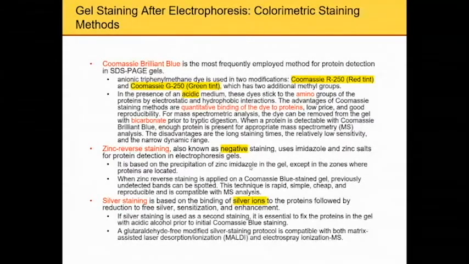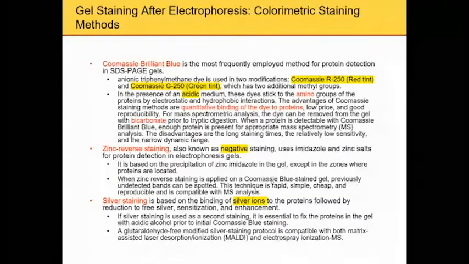So here I listed Coomassie brilliant blue, zinc reverse staining, and silver staining. For the Coomassie brilliant blue, basically you have two different modifications. It's an anionic triphenylmethane dye.